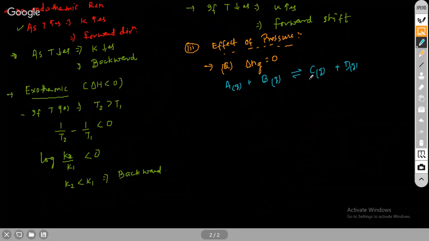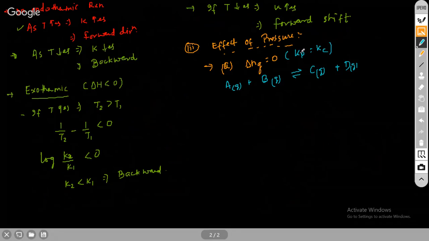This is the reaction we have, right? Since del Ng is equal to 0, we have to find out the effect of pressure in this reaction. Okay, so obviously when del Ng is 0, what we can write, Kp is equal to Kc, the first thing.